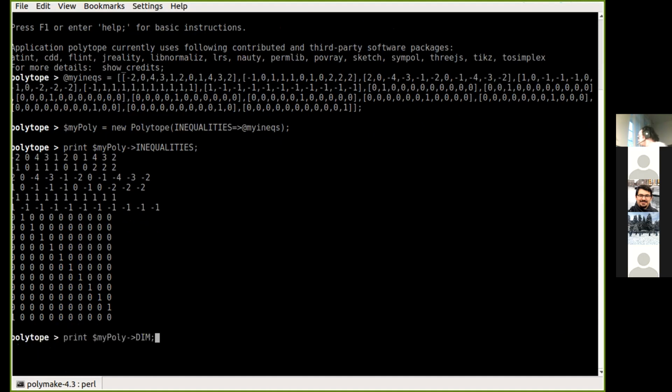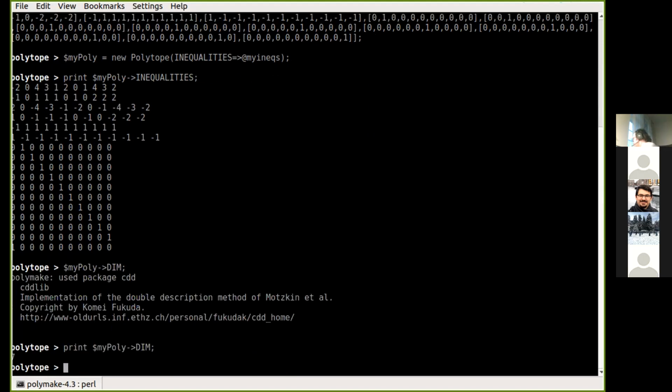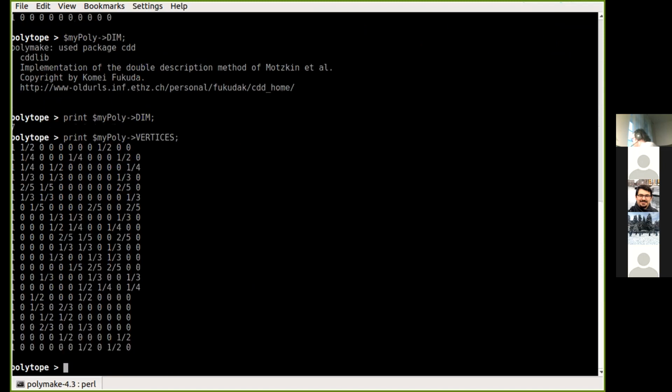So now with this, you can compute the dimension of this polytope. We see that it's a 7-dimensional polytope, and you can get the vertices of it.